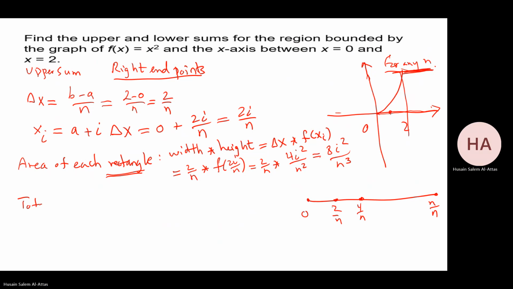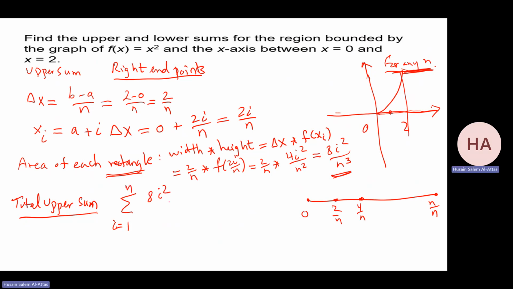The total area, or the total upper sum, now I need the summation. Total upper sum will be the summation, i equal 1 to n, of 8i square over n cubed, since I have n rectangles, for any subdivision.